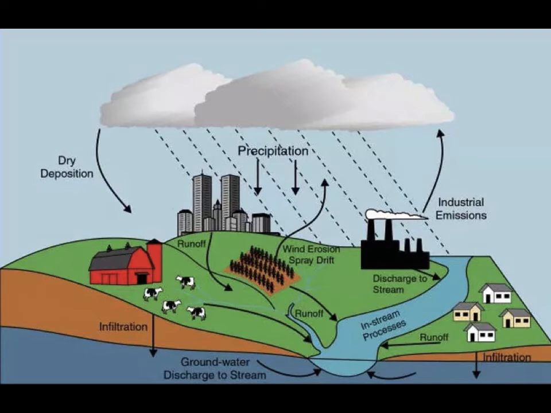Regular rain causes something called runoff. If we have a higher elevation place, the waste from that higher elevation is drained down through various sources into our water supply. You also have industrial emissions that discharge into streams, and you can have runoff from agricultural activities as well.